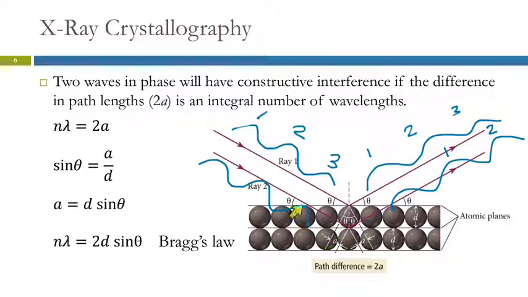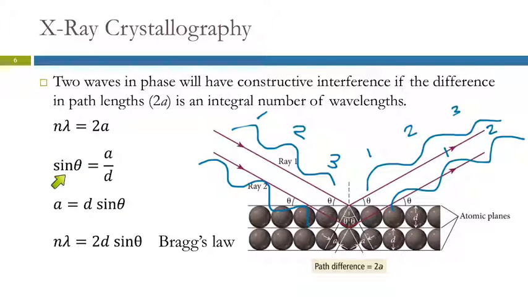And here's this angle. They're coming in at an angle theta, and then they're going to leave at an angle theta. And so this distance that ray 2 travels, it travels this much extra and that much extra. So it travels 2a. So we want 2a to be an integral multiple of the wavelength.